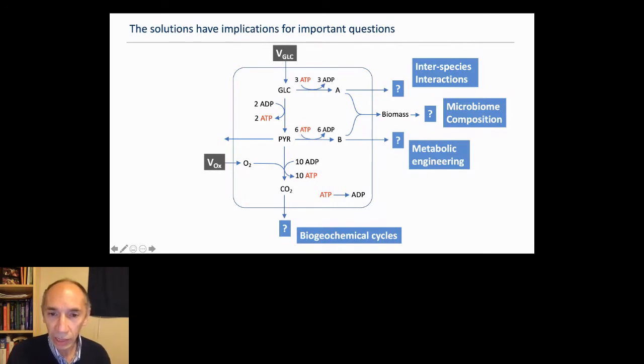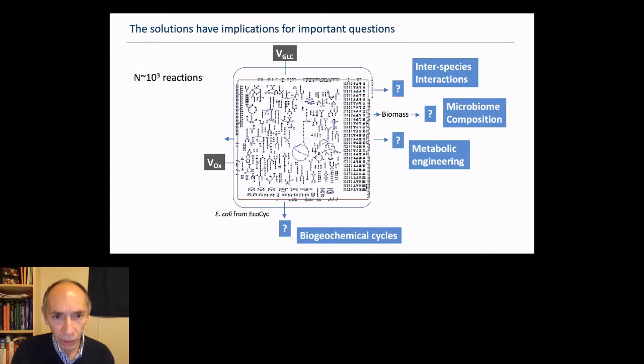If we can understand how to maximize production of certain compounds, this is clearly relevant for metabolic engineering applications, and the production of CO2 and other compounds will affect our understanding of biogeochemical cycles. So it's really crucial to be able to understand and predict mathematically how microbes, individual microbes, and then communities allocate resources. Of course, real cells are much more complicated.